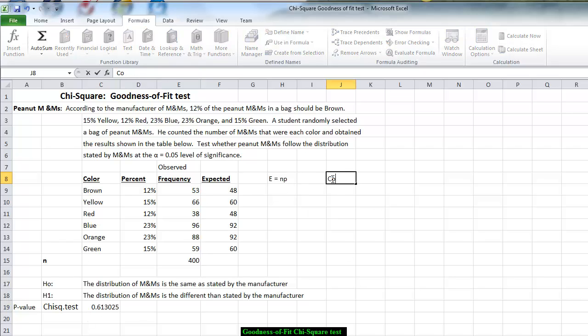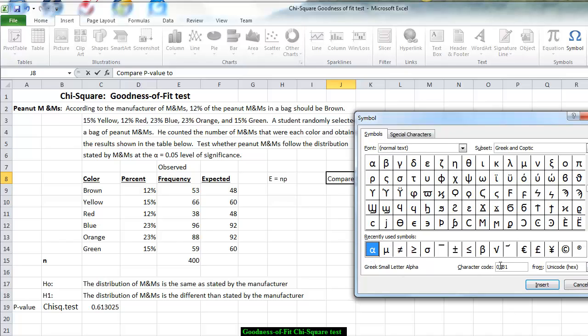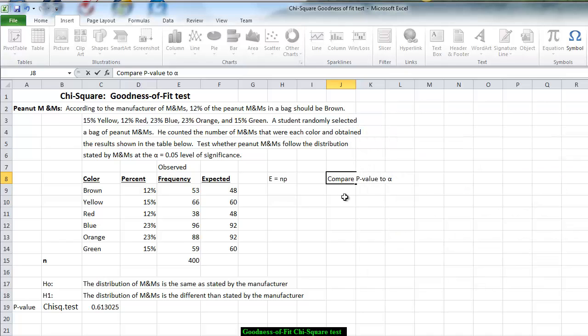Now we come to the next step. What are we going to do? We're going to compare the p-value to our given alpha. Our p-value, remember, is exactly the same as the chi-square test value.